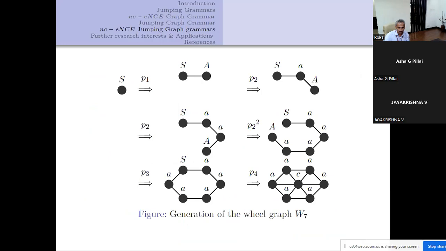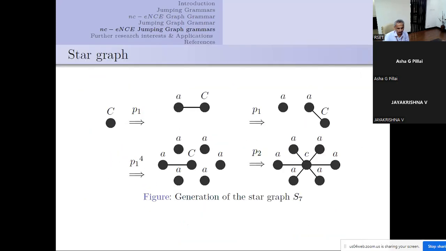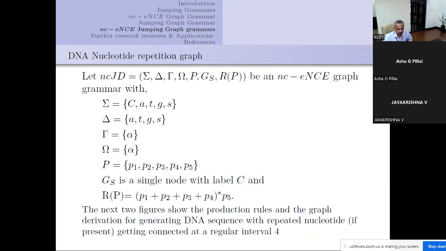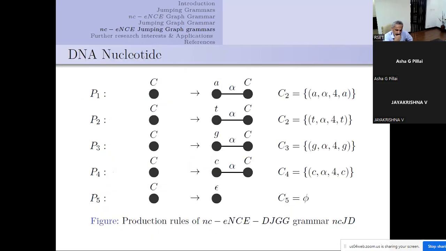From the node labeled capital S, we have a production rule of the form AC, and from C you suddenly have connections going to all other A's, jumping to different A's. Similarly, star graphs get generated using distance-based jumping, where you have a connection instruction with the node labels, the edge label, and a distance.